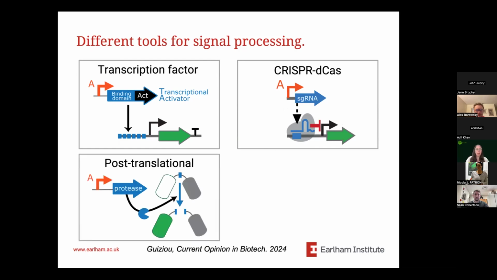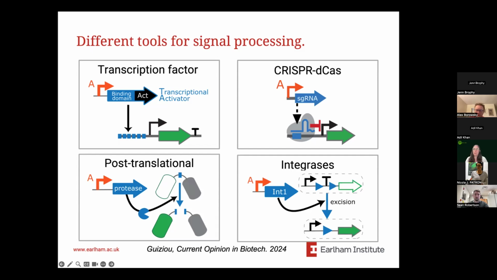The third one is different post-translational tools that I will present, such as protease or some split enzyme systems. And the final one is integrase that I went over a bit yesterday, and I will show you how we could use it and present a bit of the difference on why using one or the other.